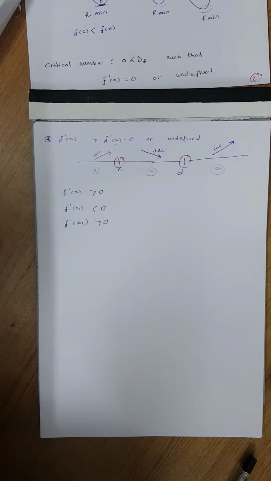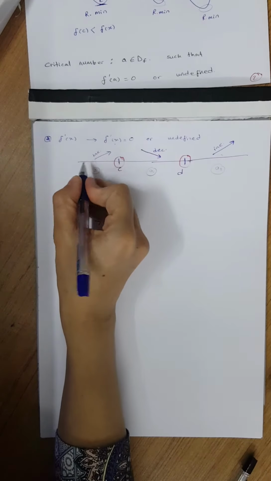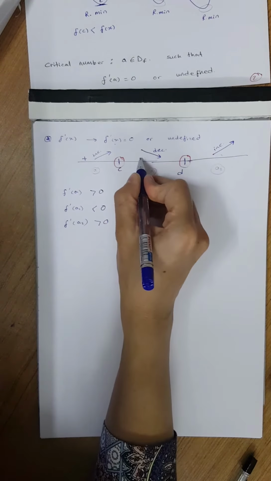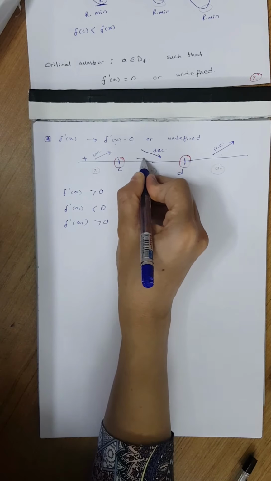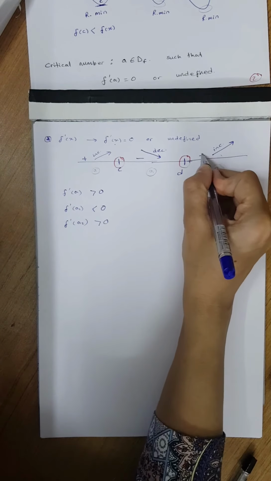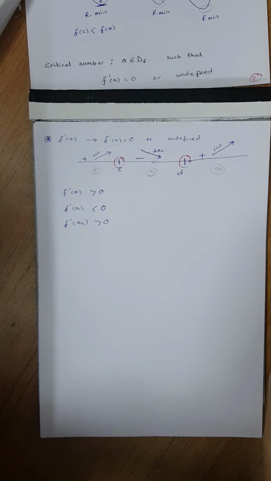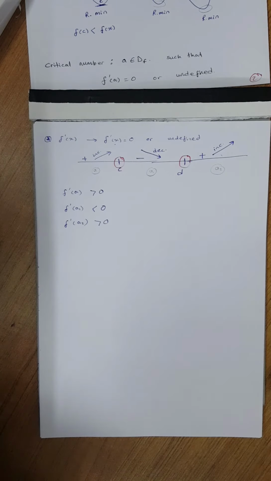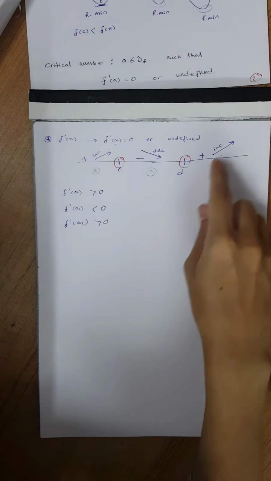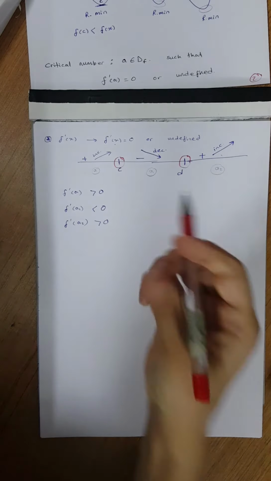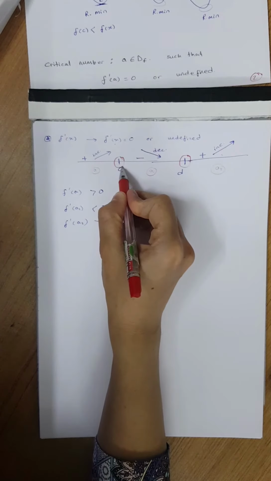Look here, when we say that that one is increasing, that means it's positive, we get positive values. When it is decreasing, we get negative values, and when it's increasing, positive values. So we say that C is relative maximum. Why?